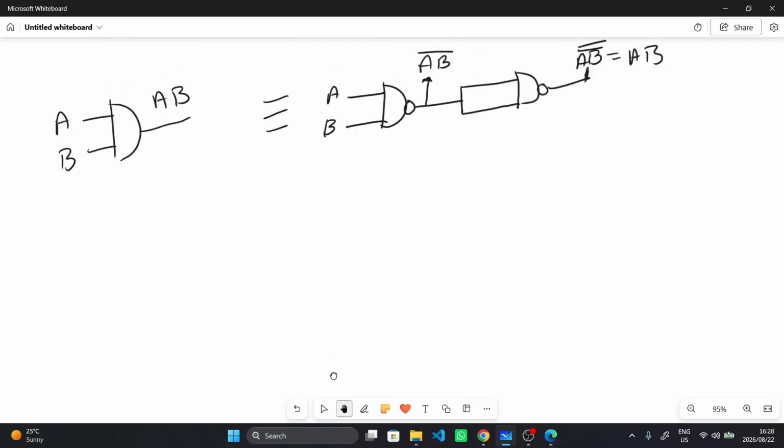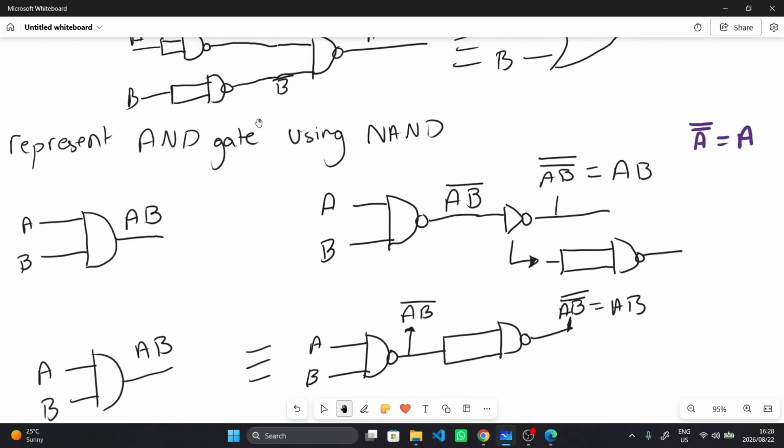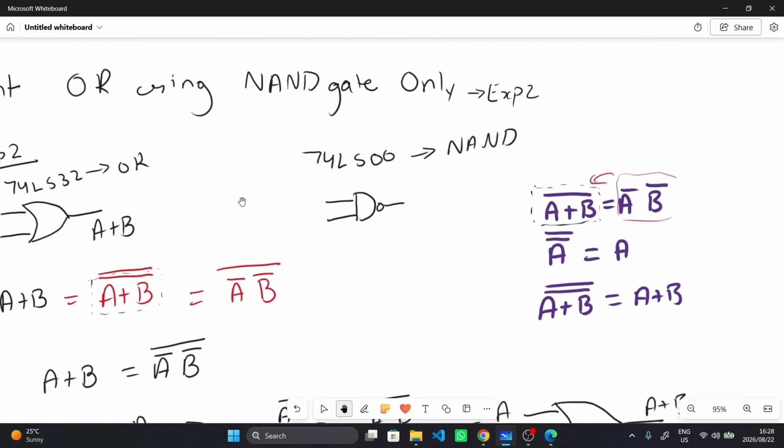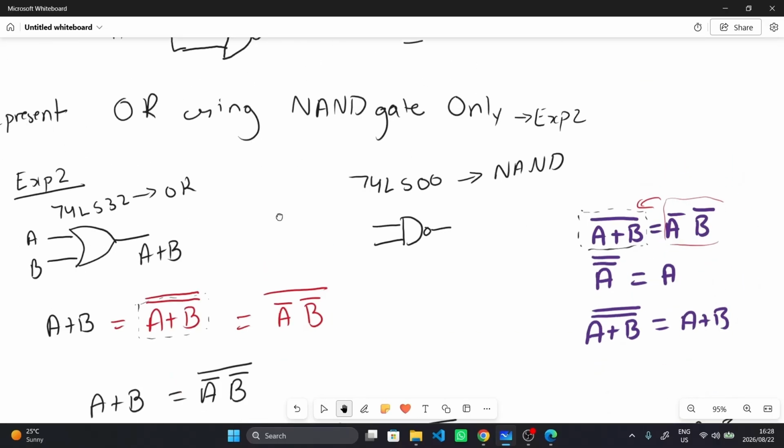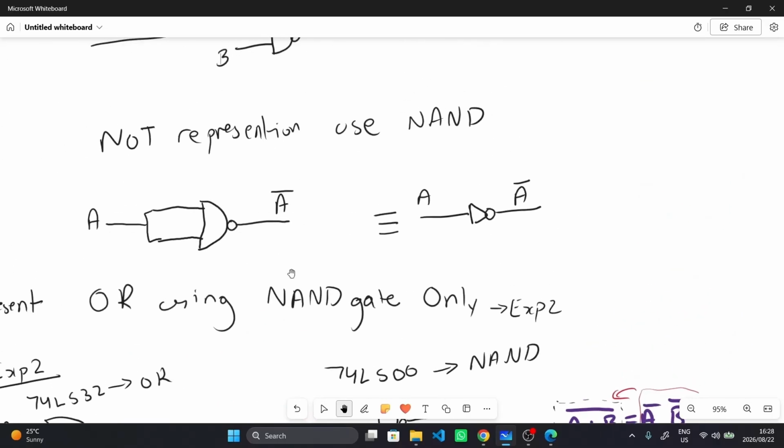Oh yeah, that is for the NOT gate. So for NOT gate, your output here will be A and A. So one of the Boolean rules comes into action: A times A is A, right?